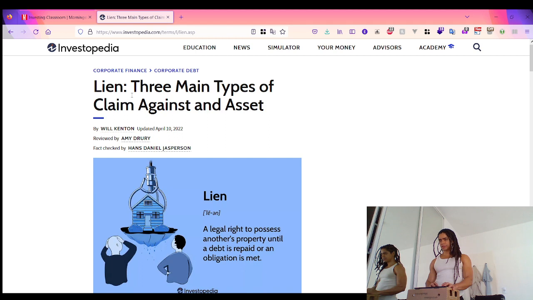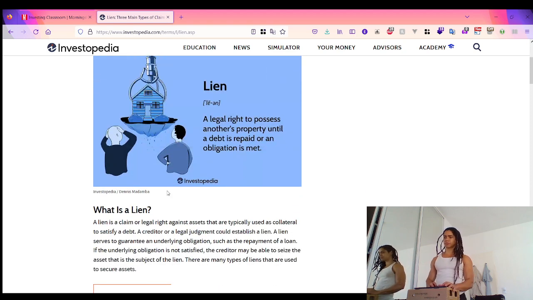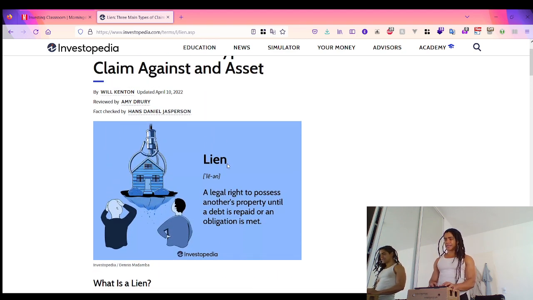So a lien is a claim against an asset. A lien is a legal right to possess another's property until a debt is repaid or an obligation is met.